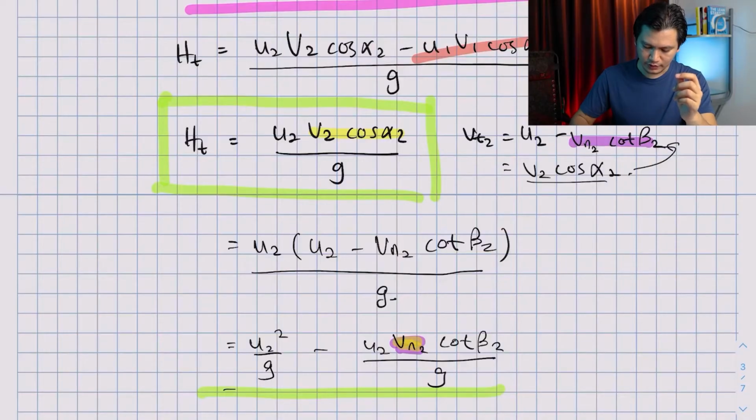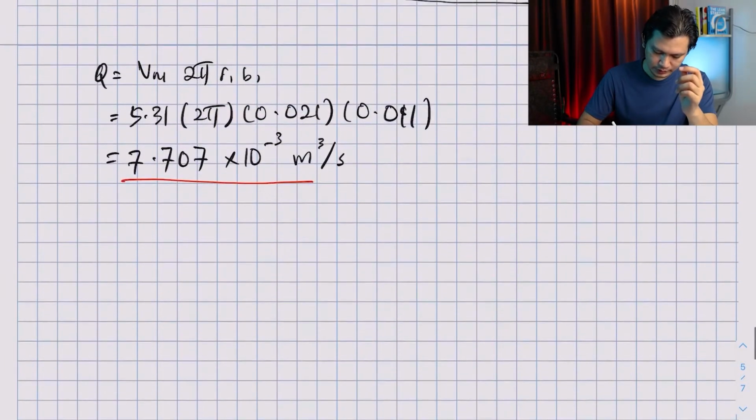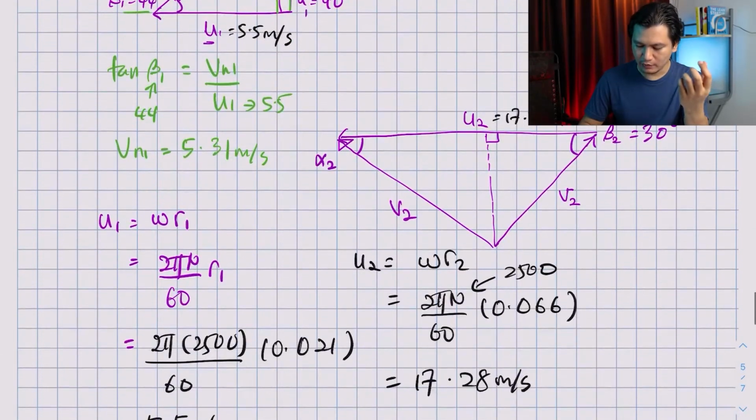If I write it again here, HT is equal to U2 V2 cos alpha 2 divided by g. Now here is the interesting bit. We already know what U2 is. What we need to find is V2 and alpha 2. Let's take a look again at our velocity triangle here. We are looking for V2 and alpha 2.